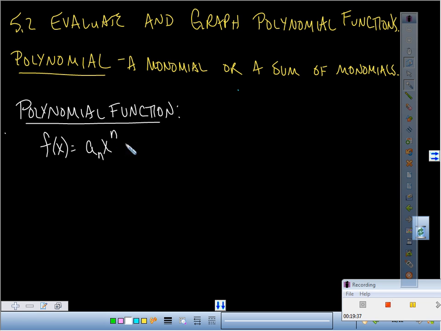Watch what's going to happen. A sub n x to the n plus a sub n minus 1 x to the n minus 1. I just went down 1. Plus a sub n minus 2 x to the n minus 2. Plus a sub what?